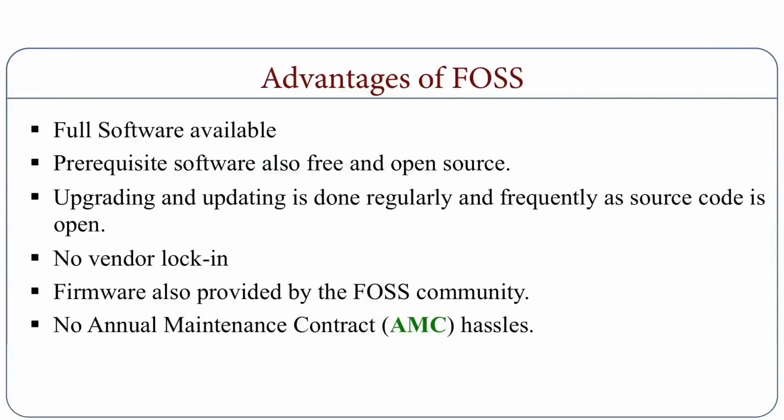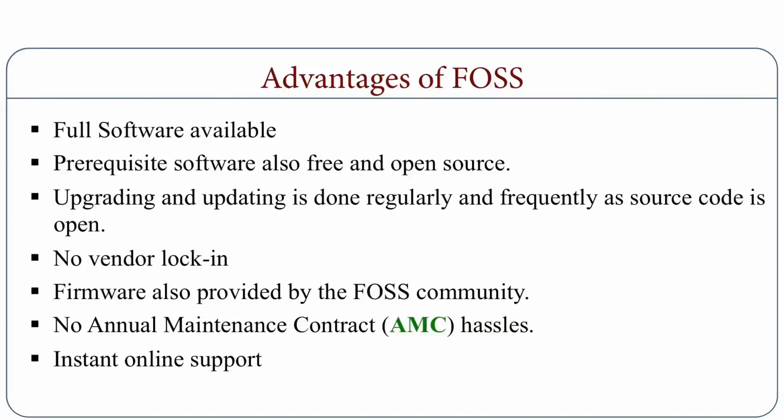The other advantage is that there is no question of annual maintenance contract, which sometimes becomes a huge burden on the library budget. Free and open source software is a huge community with a huge number of software developers involved, and hence the support is also instant.